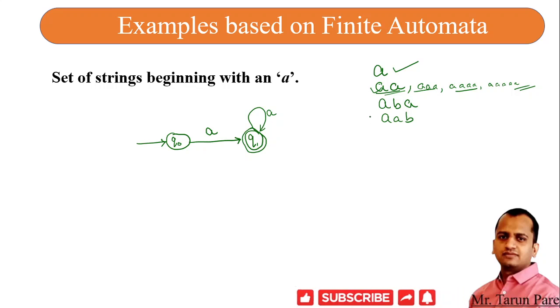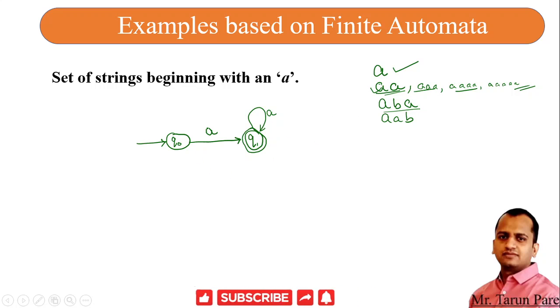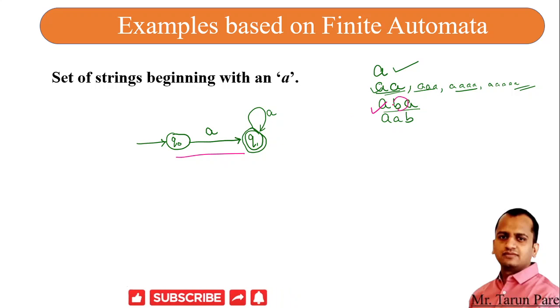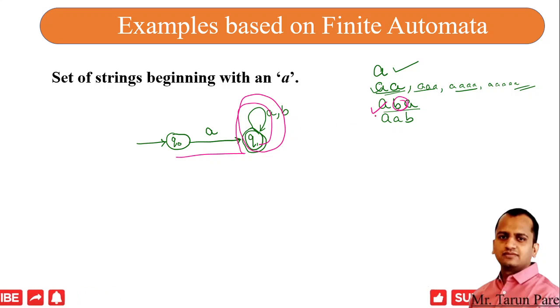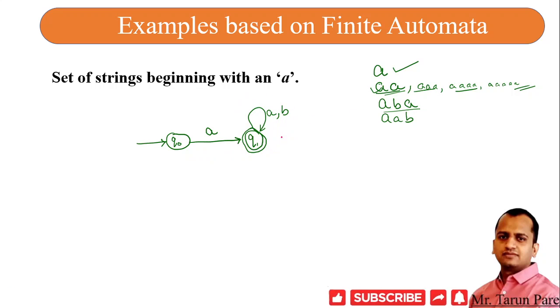Okay, now if you want to pass the string ABA, then A is passed. If we pass this A, then why not make one B here, so that after A it will pass B, then again A. If we talk about this string, then it is accepted by this automata.